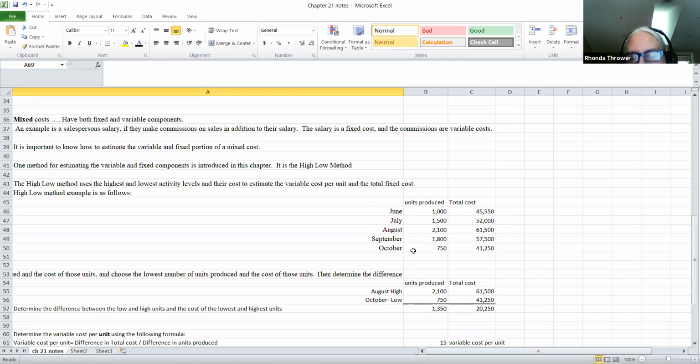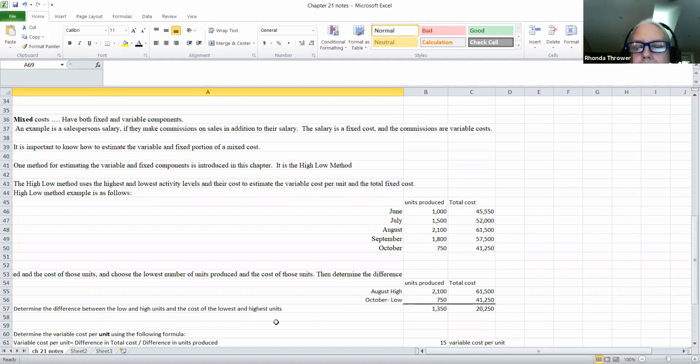Choose the lowest number of units produced, which is 750 units, in October. That had a total cost associated with it, $41,250. So the highest costs were written down, the lowest costs were written down.